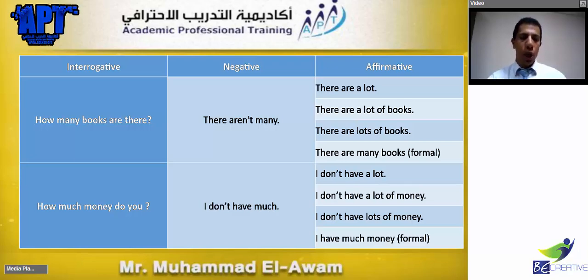Countable, non-countable. Books, countable; money, non-countable or uncountable. How many books are there? Okay, in the negative, there are not many, because many goes with countable nouns only. So many comes in the negative form and in the question form, only, and only with the countable nouns.